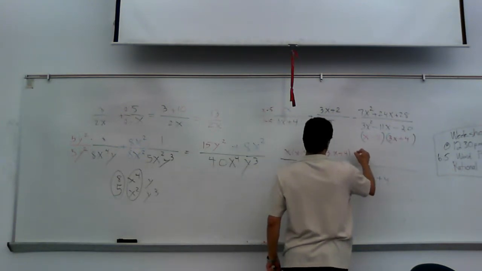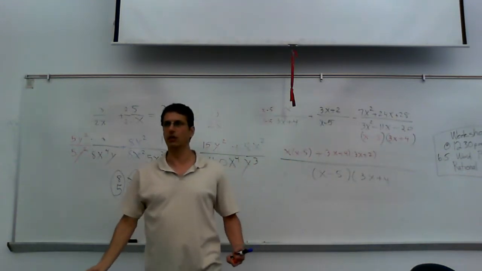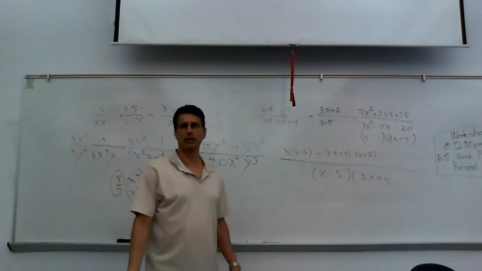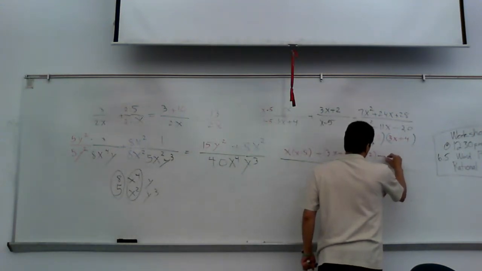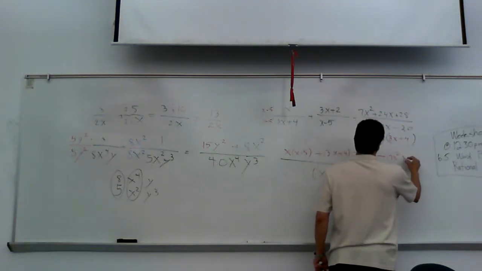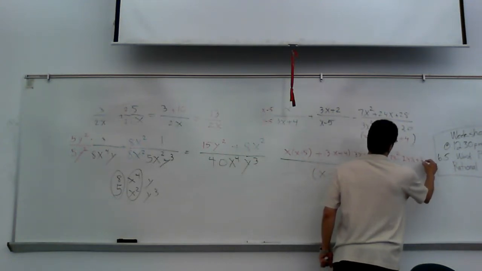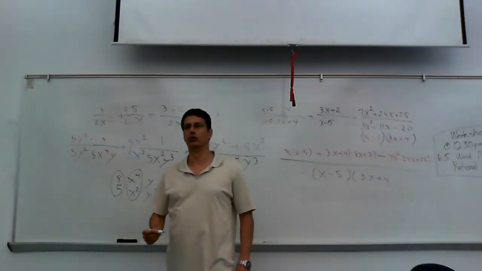Times what? 3x plus 2. Does the second one work? Yes? For the third one, I don't have to do anything. Don't forget the sign is negative. And do not forget to put it in parentheses, or right now apply it to each piece.